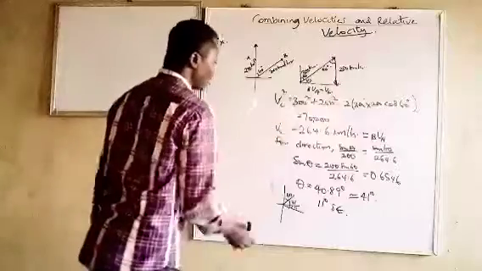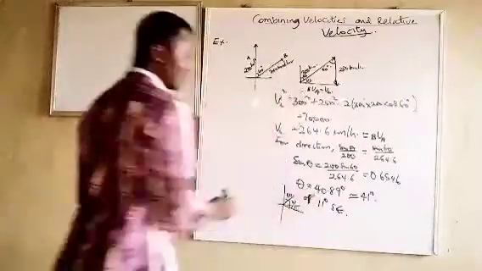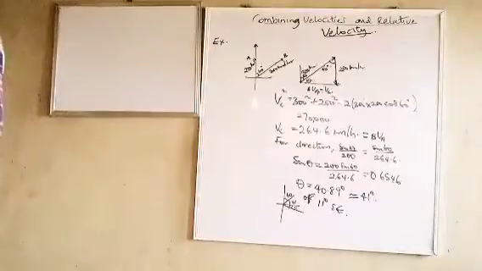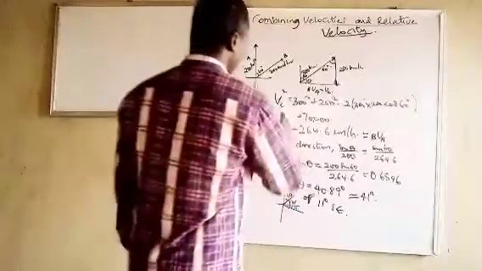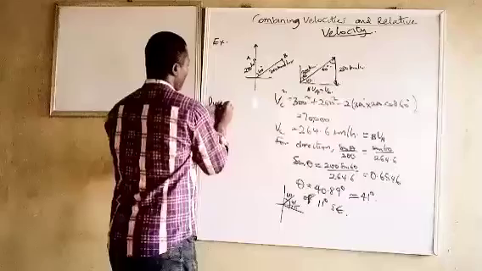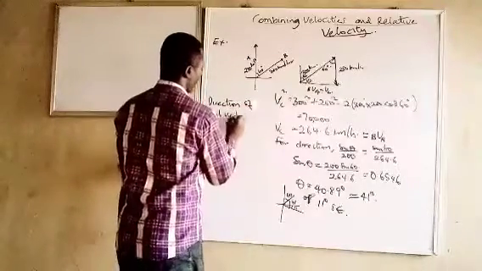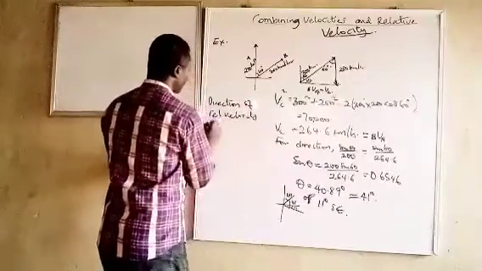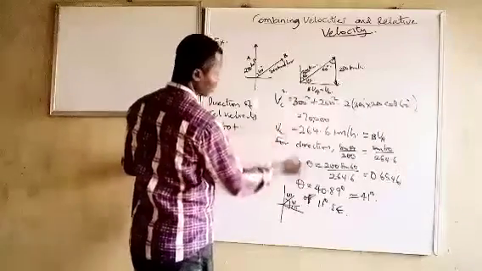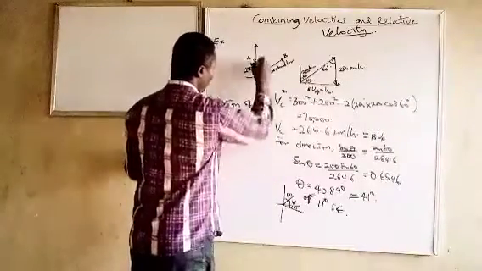That is the direction of the relative velocity. So if you look at it now, the direction of relative velocity is 60 plus 41, 101, from here to here.